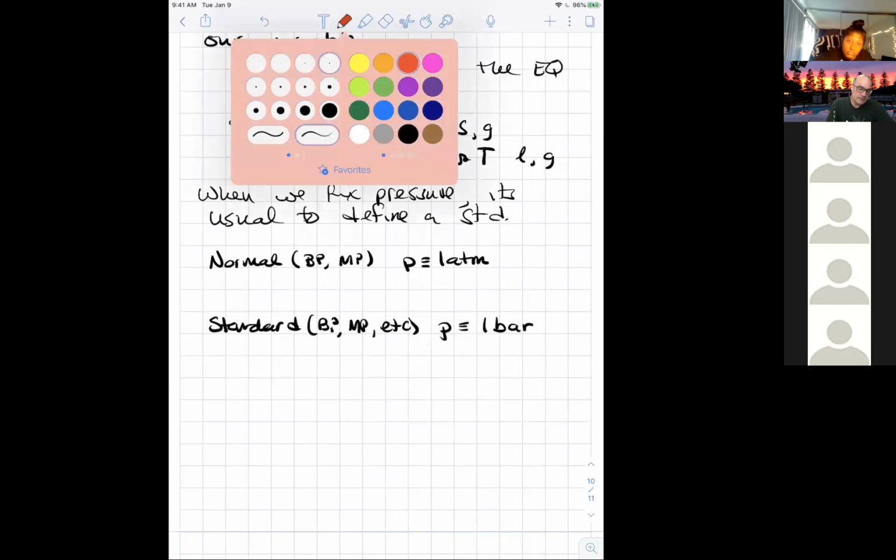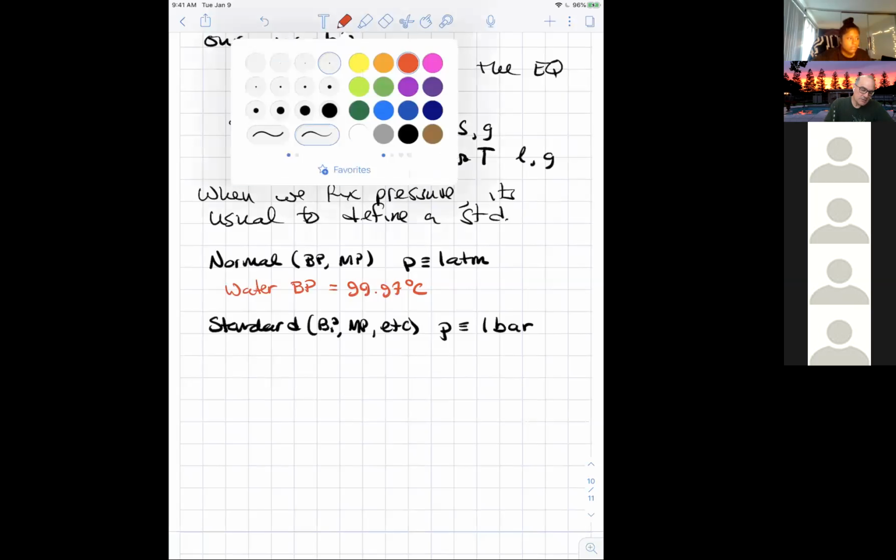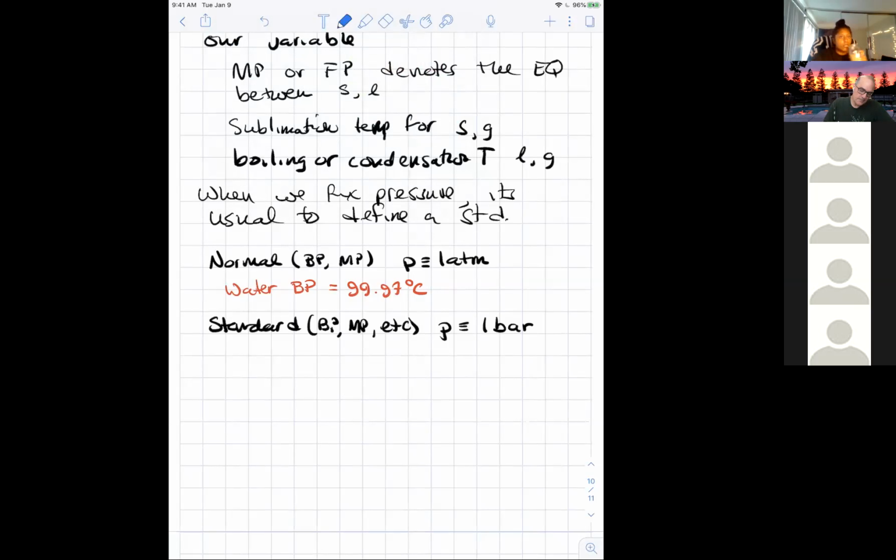So what's the difference? For water, the normal boiling point is 99.97 degrees C. But a bar is a little bit less pressure, right? So let's remind ourselves, right? 1.013 bar equals 1 atmosphere, right?